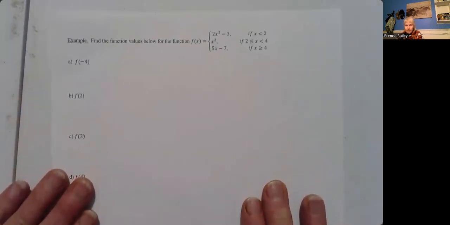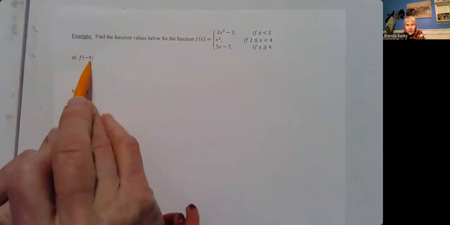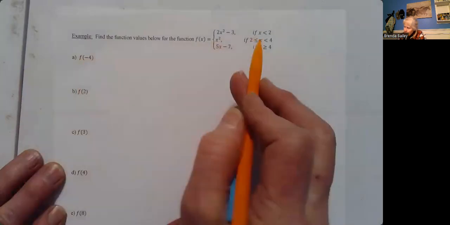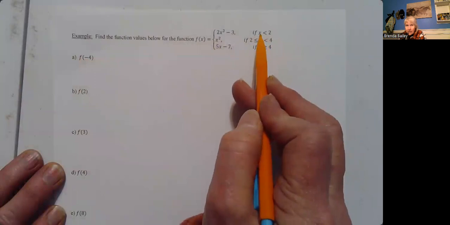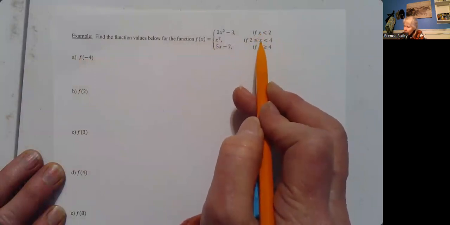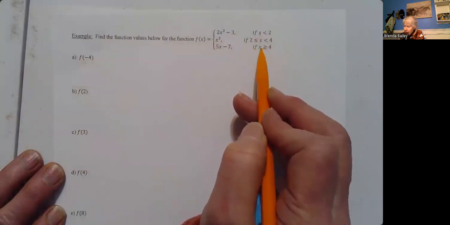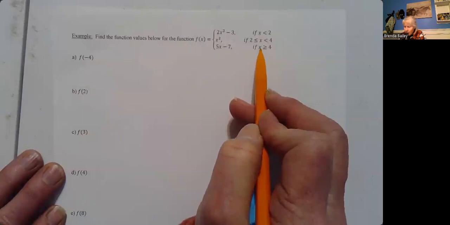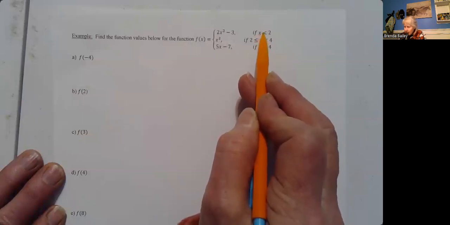I've got this one here. We have 3 of them in this piecewise function. It's not any more difficult. You take a negative 4 and you see which one negative 4 fits. Is negative 4 less than 2? Or is negative 4 in between 2 and 4? Or is negative 4 greater than or equal to 4? Negative 4 fits this one. It's less than 2.